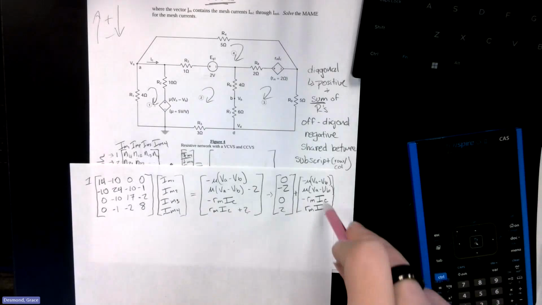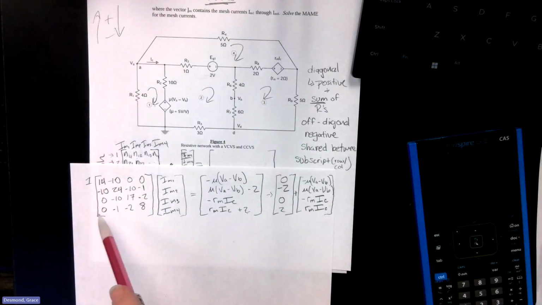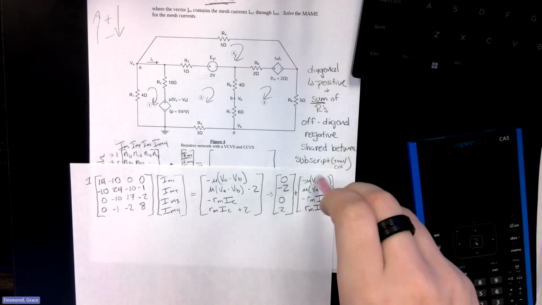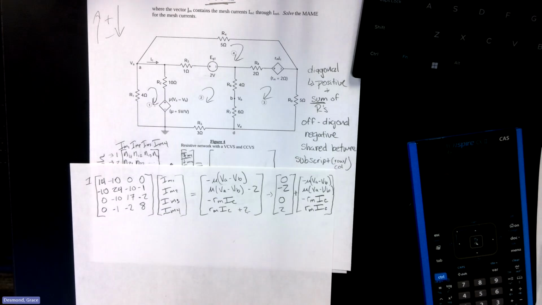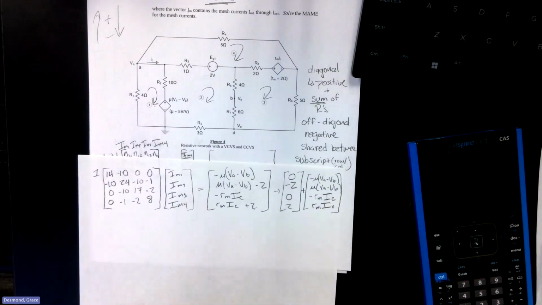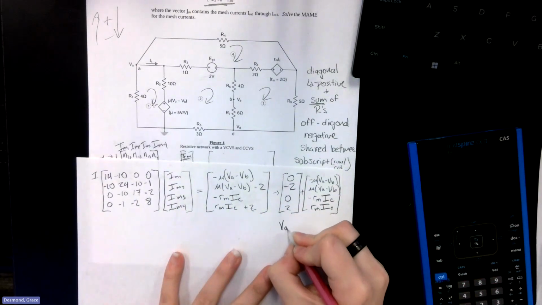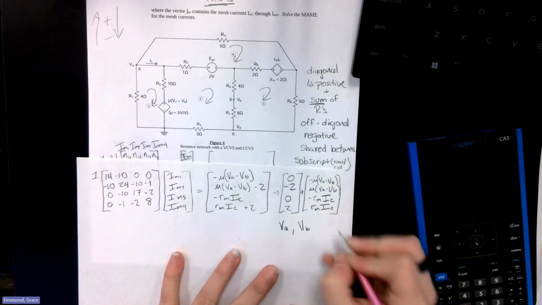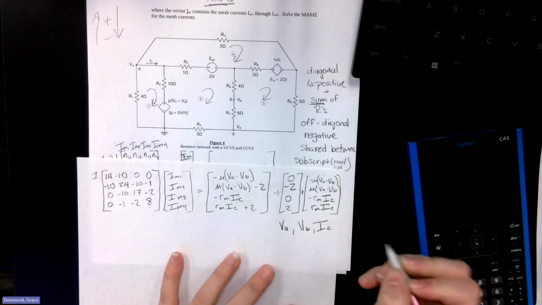Cool. So now is the tricky part. We need to get these guys to the other side of the equation. How do we do that? Perfect. So we have essentially 3 unknowns, right? Other than our IMs, in terms of these dependent sources, we have VA, we have VB, and we have IC.